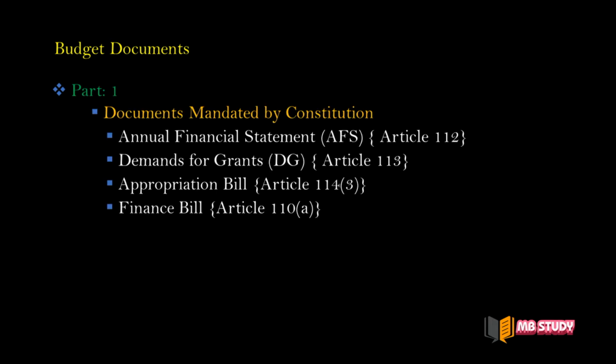Documents mandated by the Constitution: Annual Financial Statement, AFS, Article 112. Demands for Grants, DG, Article 113. Appropriation Bill, Article 114(3). Finance Bill, Article 110(A).